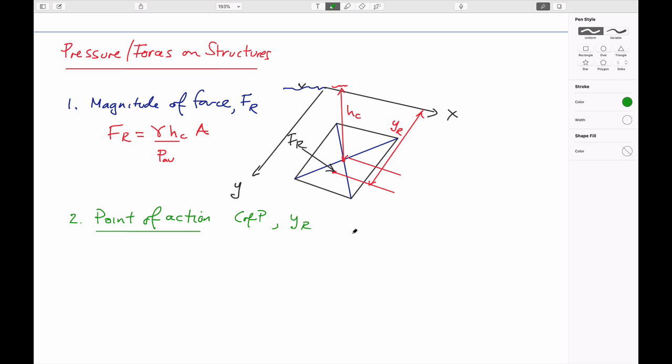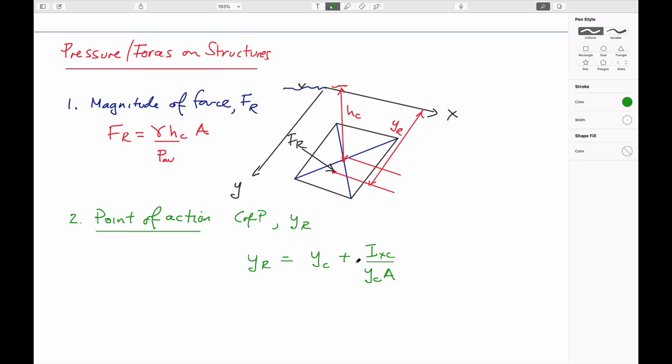And we can always calculate YR as being equal to the slope distance of the centroid below the surface, plus the second moment of area around the x-axis through the centroid, divided by the slope distance of the centroid times the area.